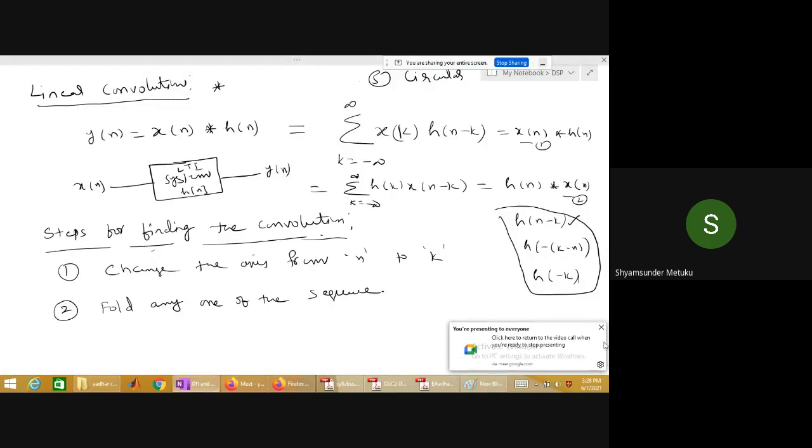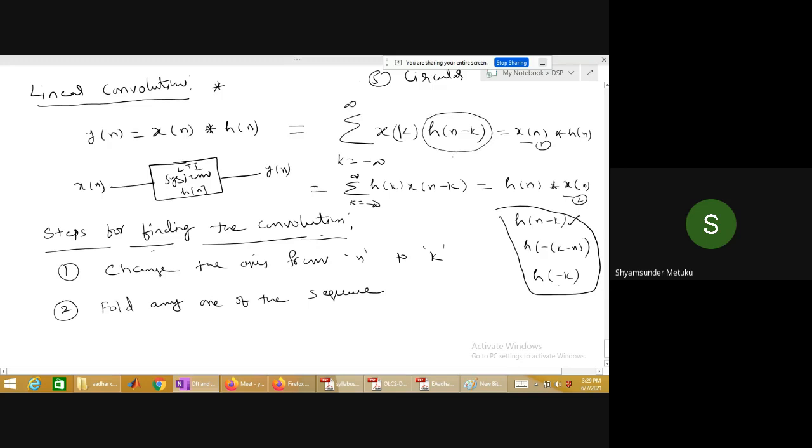So is it clear? Change of axis depends on which equation you are considering, one or two. 90% we consider one only. It indicates fold second sequence. Is it clear? Fold any one of the sequence. So this is equation 1, this is equation 2. If I'm following equation 1, I'm taking only this signal.